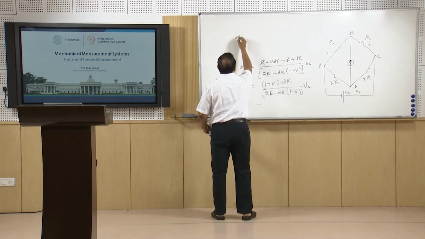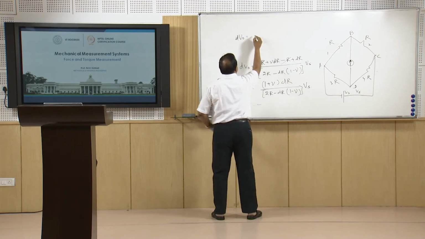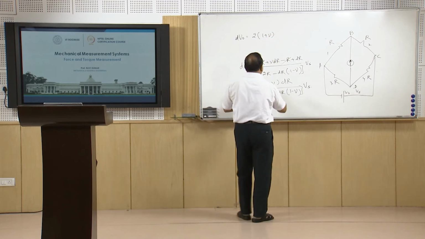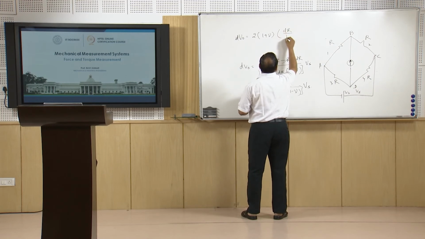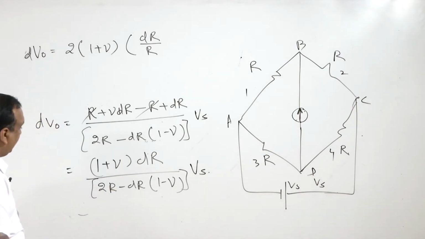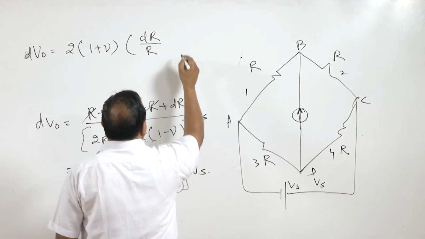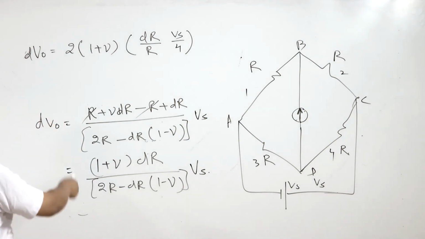Now this can further be written as delta VO or dVO is equal to 2 times 1 plus nu, times dr upon R, and then we get Vs by 4, because numerator and denominator are multiplied by 4.